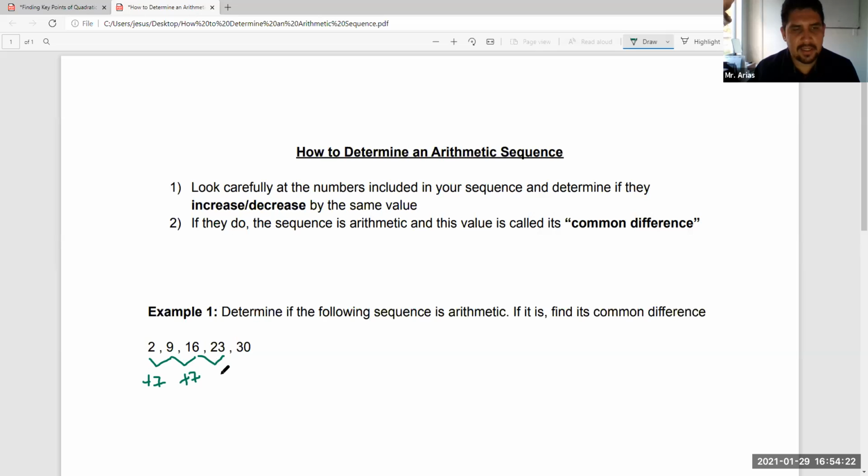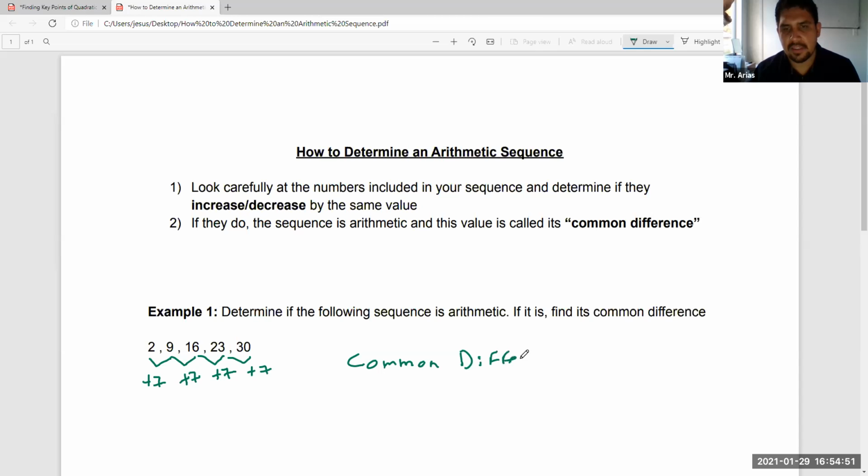Then interestingly, the same thing happens if we proceed to get to the next term, which is 23. We would have to add 16 and 7. And then lastly, just to finalize this problem, it's going to be the same case if we want to go from 23 to 30. So technically speaking, we do have a common difference in this case, which is positive 7. So that being said, this is our common difference, and our sequence is indeed arithmetic.